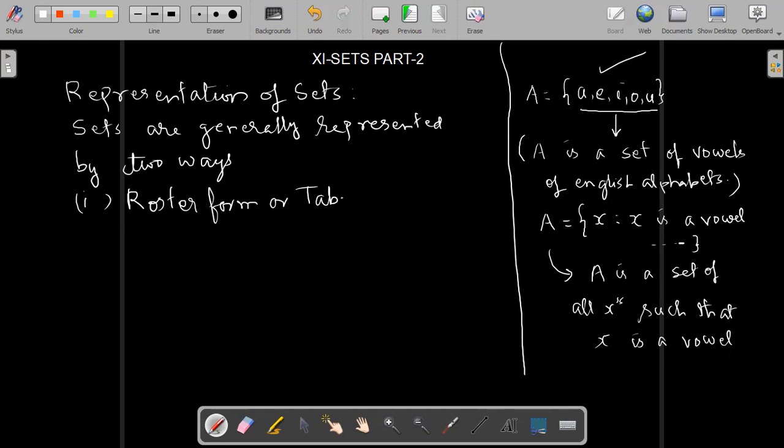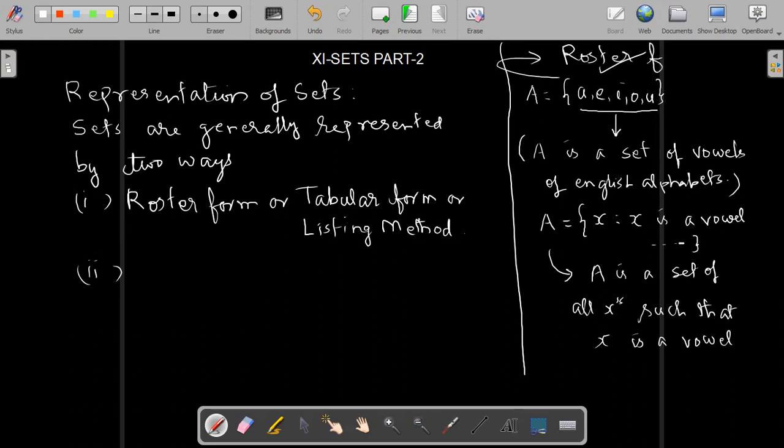Roster form, tabular form, or listing method, because we are listing the elements. This is the example of the same set written in roster form. Got it?